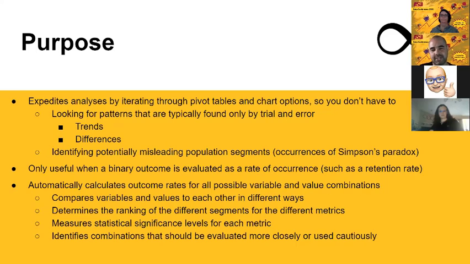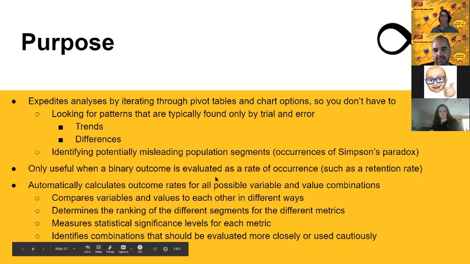So what's the retention rate for academic level equals freshman, gender equals female, college equals engineering. It's just going to go through all these variables, put them into combinations, look at the values within the variables, combine those, and calculate these rates. And then it's going to compare all those rates to try to find something interesting.